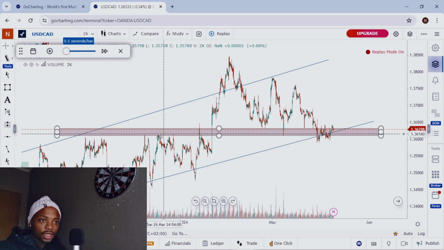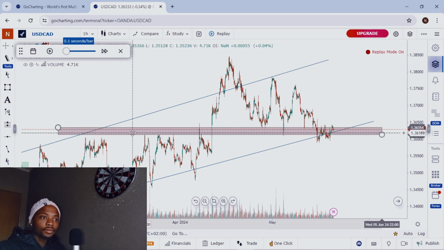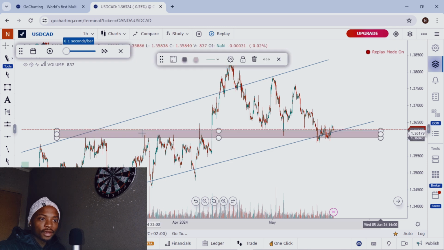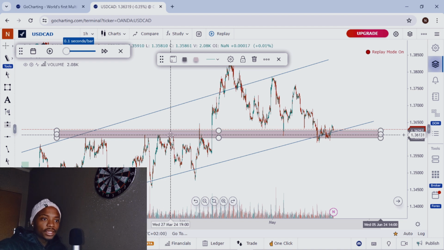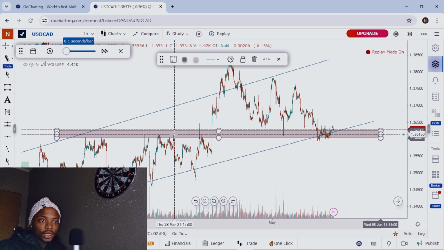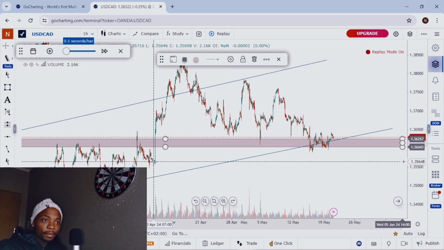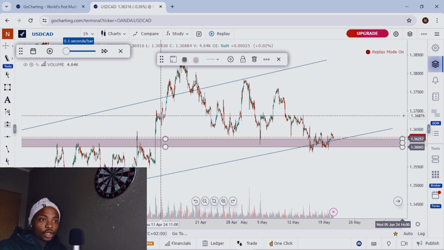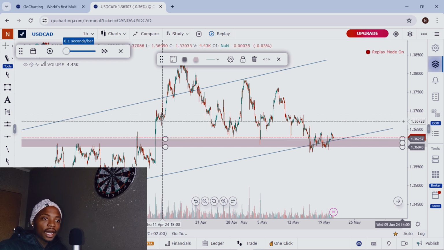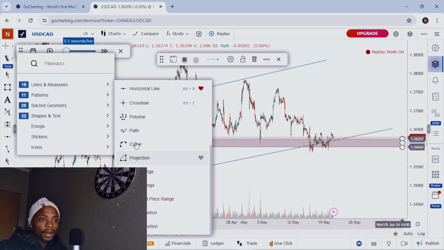So previously, you guys can see that price was failing to break above this area right here, meaning that whenever price would get to this area, there would be a lot of influence from sellers selling into the market. So basically we're pushing price down, right? We're pushing price down, but eventually the buyers overpowered the sellers and price just kept on buying and buying. So usually when we experience this breakout, we already basically know that we're going for a buy, right?